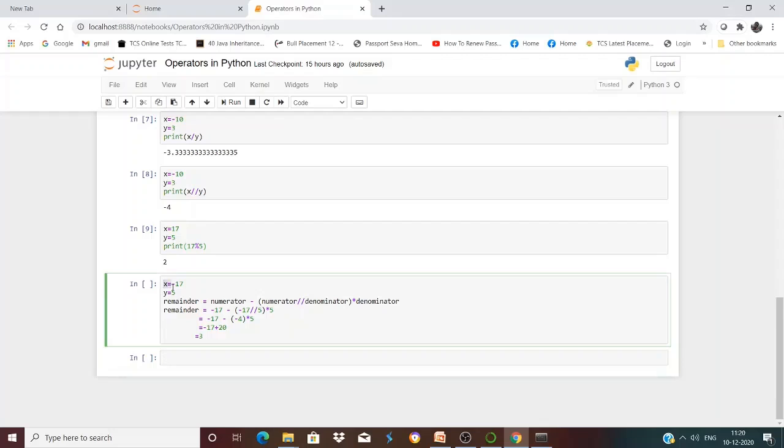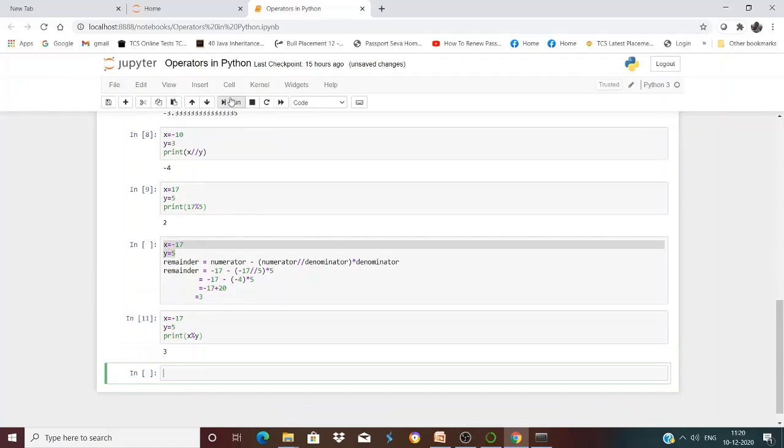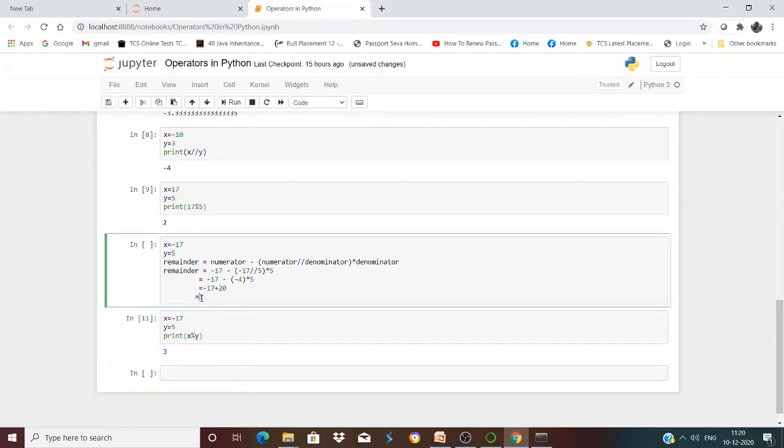So let's have x equal to minus 17 and y equal to 5, and let's apply the modulus operator on them. x modulo y. Let's run the cell and we get the result which matches our derived result.